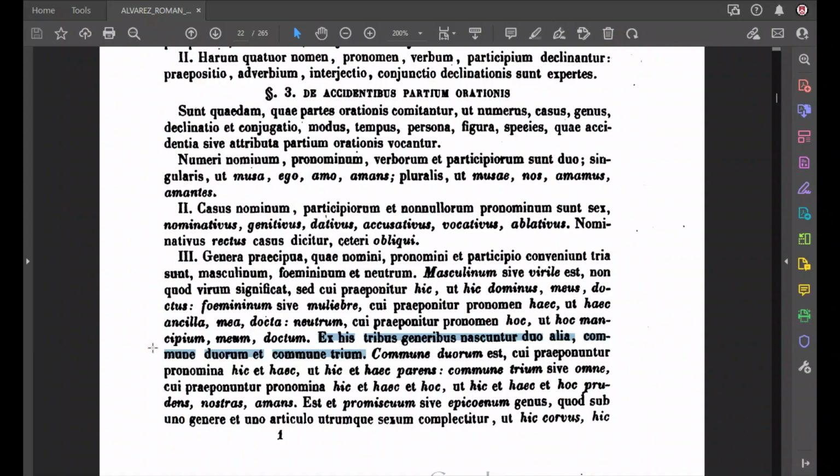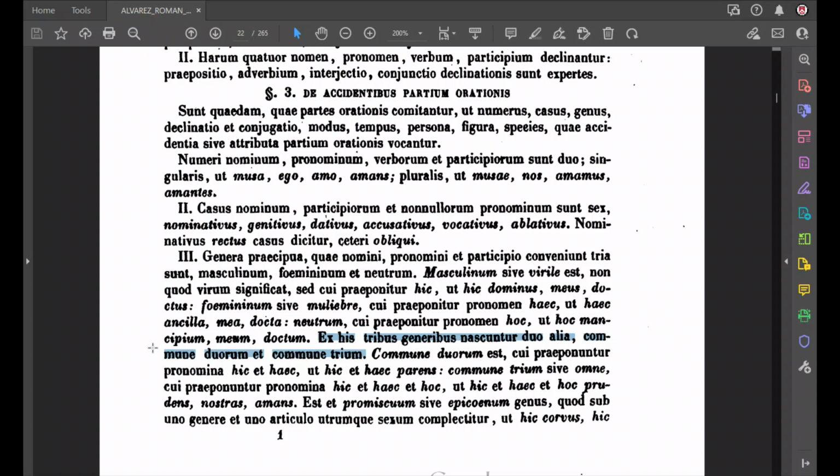Back to our lesson text here. Ex his tribus generibus. Out of these three genders, nascuntur duo alia, are born two other genders. Commune duorum et commune trium. Commune duorum means common of two. What do you think commune trium means? Common of three.